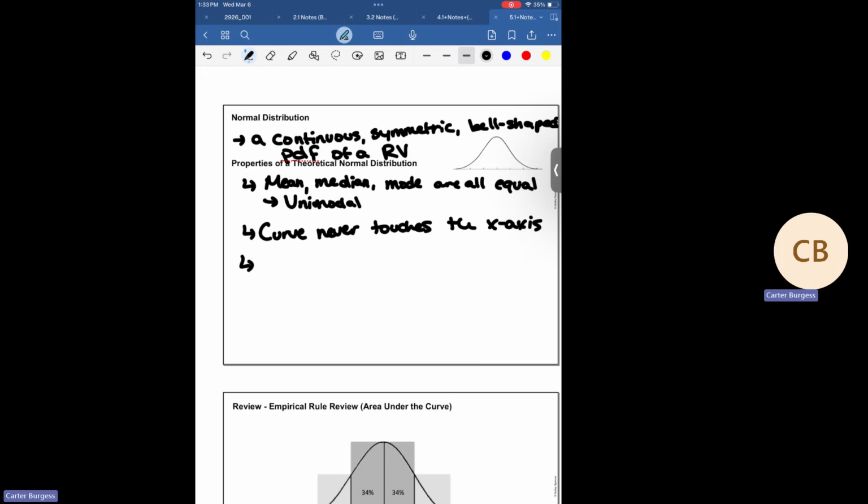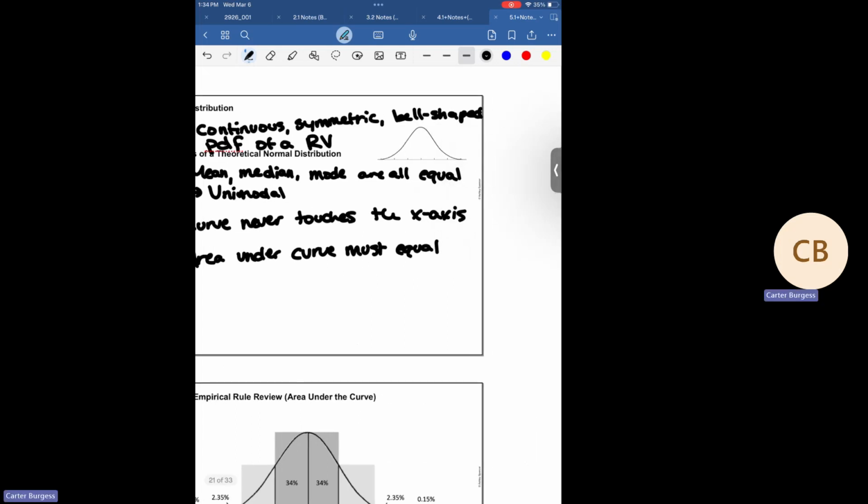As such, if the area under our curve represents the probabilities, what must be true about that area? Since it's a PDF, the area must equal, what do we say? 1, because the area is indicative of the probabilities.